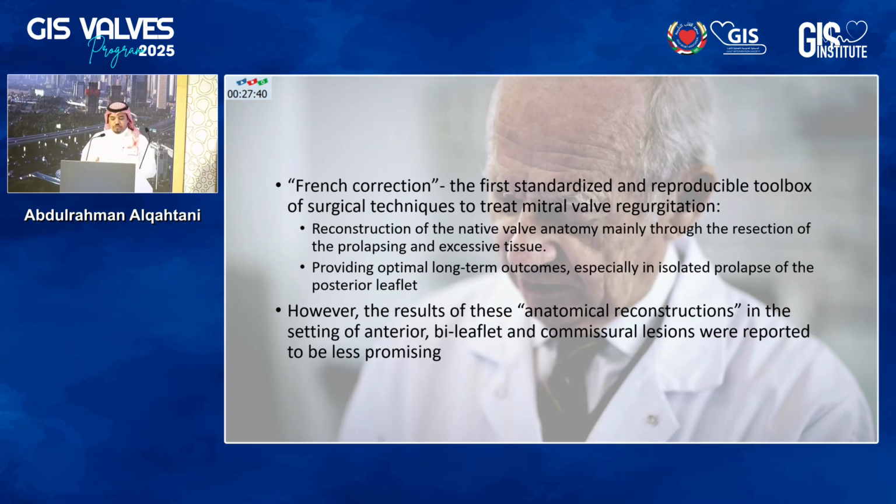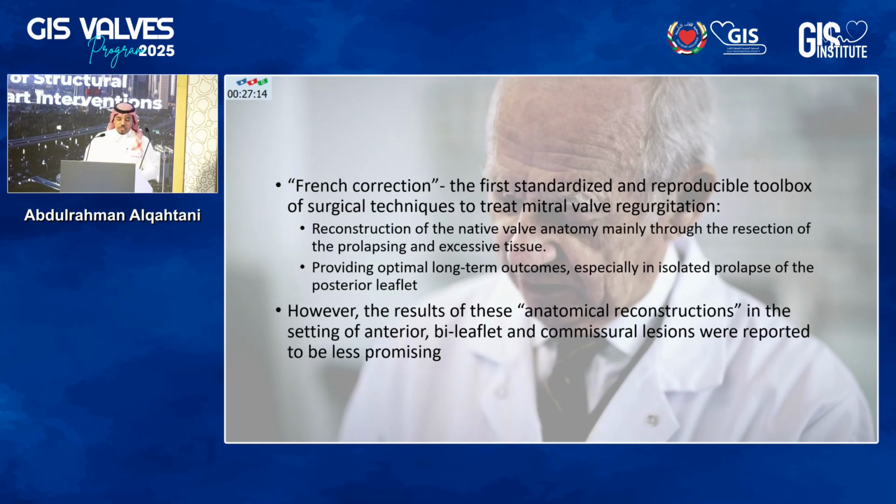Basically, it involved fixing the posterior leaflet by making it shorter through resection, in the case when you have a prolapsing or excessive tissue. It did provide optimal long-term results for isolated prolapse of the posterior leaflet. But the problem is that if you have anterior leaflet or bileaflet disease, then you're doomed at that time.